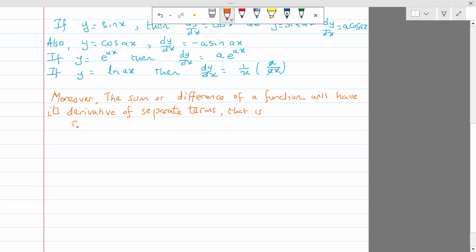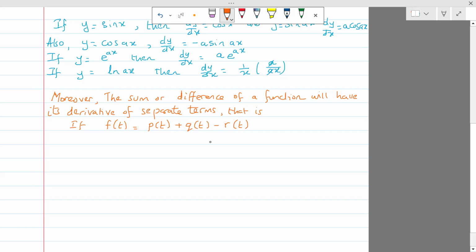That is, if I say f of t, a function in t, equals the sum and difference of these functions, there is a different function in p, a different function in q, a different function in r.